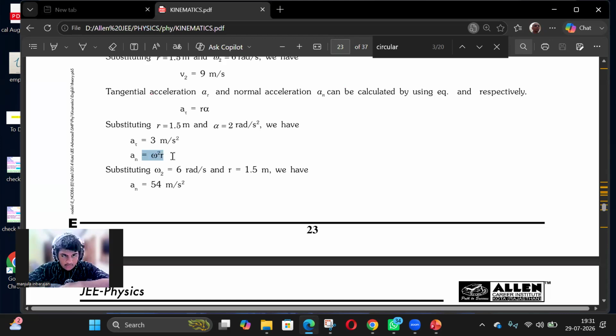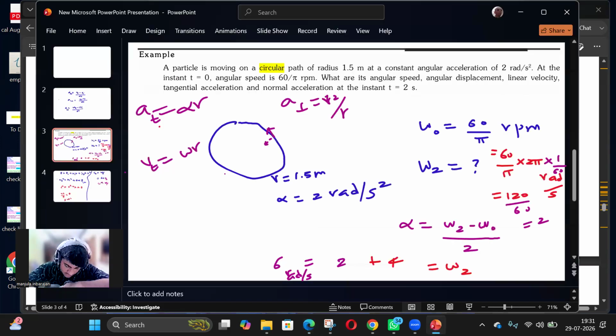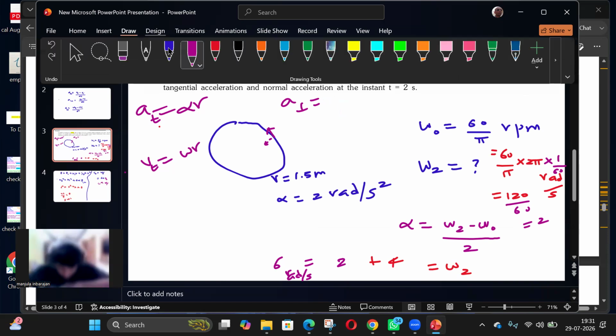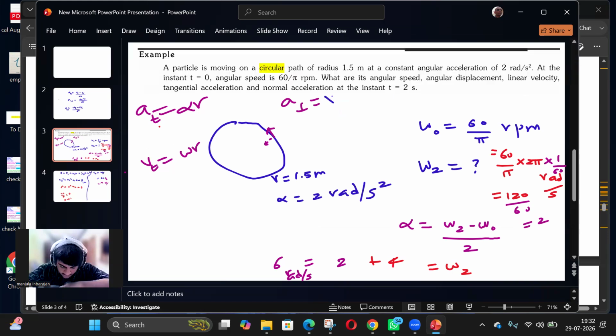Let's get this formula correct: v square by r is same as omega square r. 36 into 1.5 is 54. Since v is omega into r, it becomes omega square r.